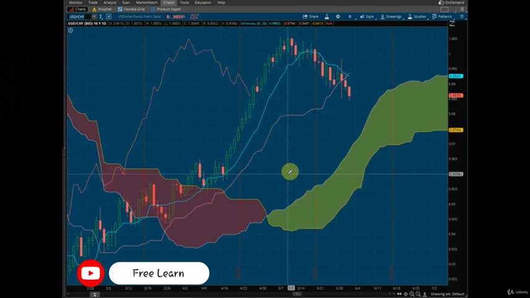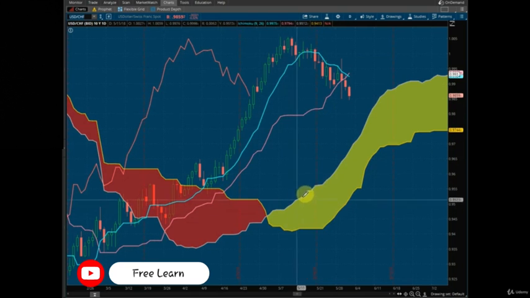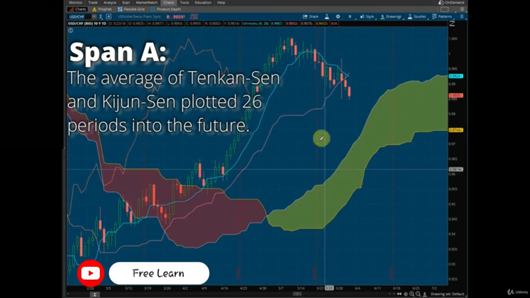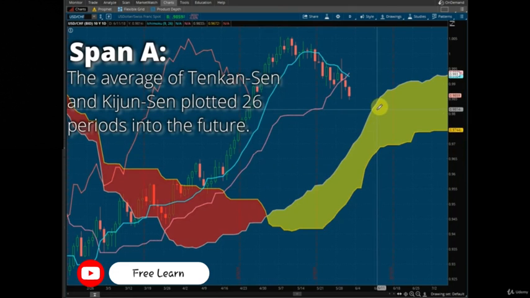All right, now going on to this gray line at the top, this is the Senku Span A, which is also called the cloud span A or leading span A. What this is, is an average of the Tenkan Sen and the Kijun Sen, but it's plotted 26 periods into the future.